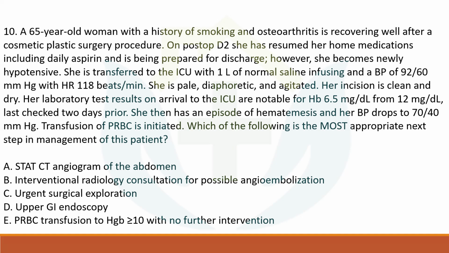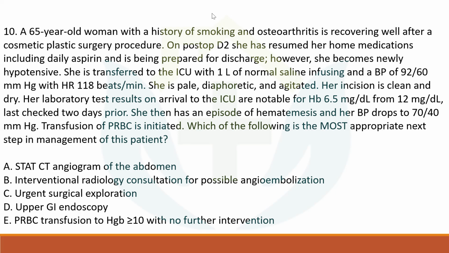What is the most appropriate next step in the management? Read it carefully. They are asking the most appropriate next step. Okay. Stat CT angio of the abdomen, interventional radiological consultation for possible angioembolization, urgent surgical exploration, upper GI endoscopy, or PRBC transfusion to hemoglobin more than 10 with no further interventions.